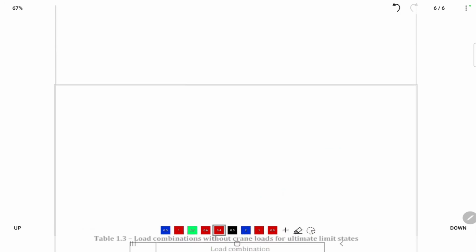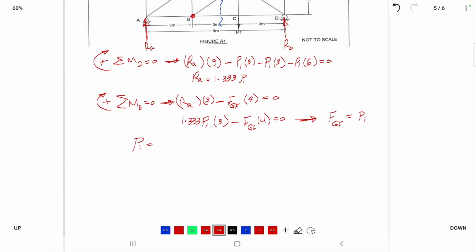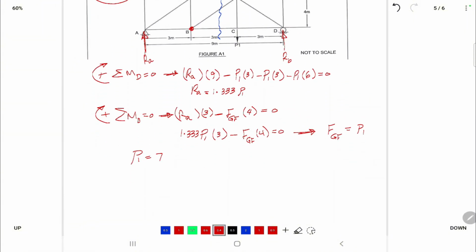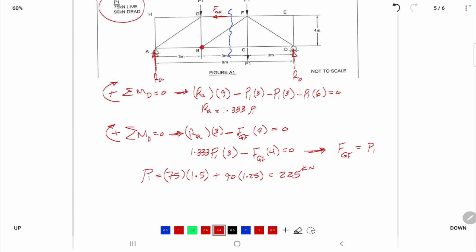So here P1 will equal 75, the live load, multiplied by 1.5, plus the dead load, which is 90, multiplied by 1.25. From this it can be kilonewton.